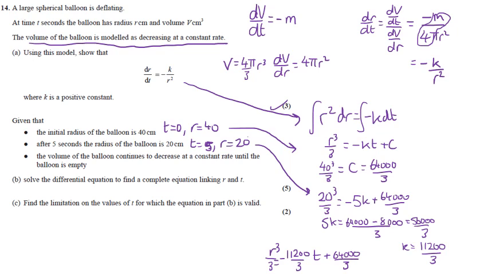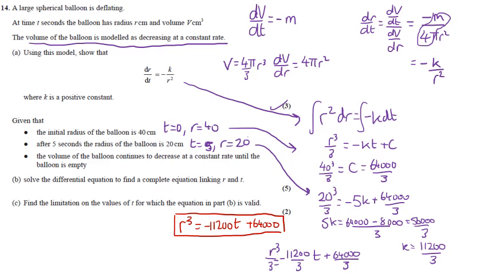Now if we just multiply through by 3, we get r cubed is equal to minus 11,200 t plus 64,000. Okay, so there's our answer. We could probably have just left it as the previous line, but I think it's a little bit tidier if you multiply through by 3.